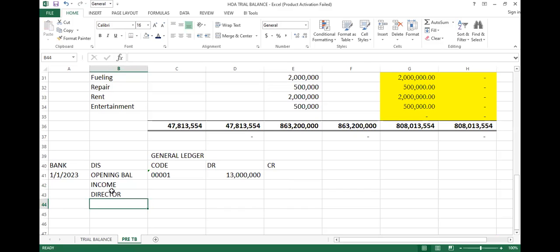Then we also pay some expenses. That will be part of our income stuff. Let's assume we also pay transport. We pay salary in the year. Are we getting that now?